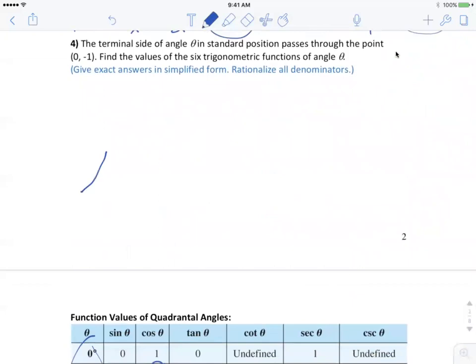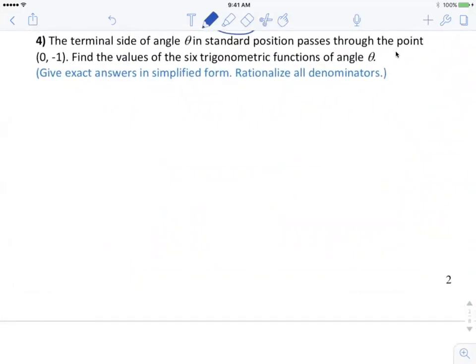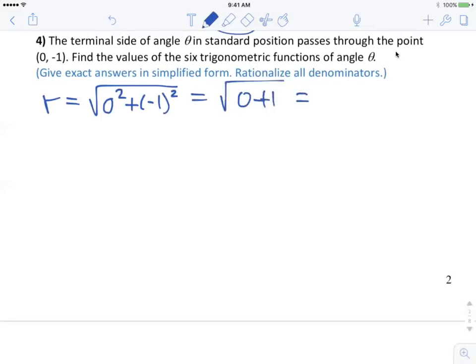Just do your equations. R is the square root of x squared plus y squared, 0 squared plus -1 squared. So that's 0 plus 1. Square root of 1, which is 1.